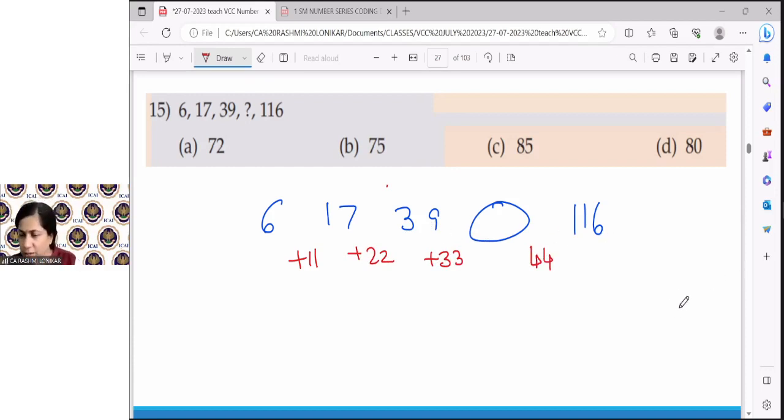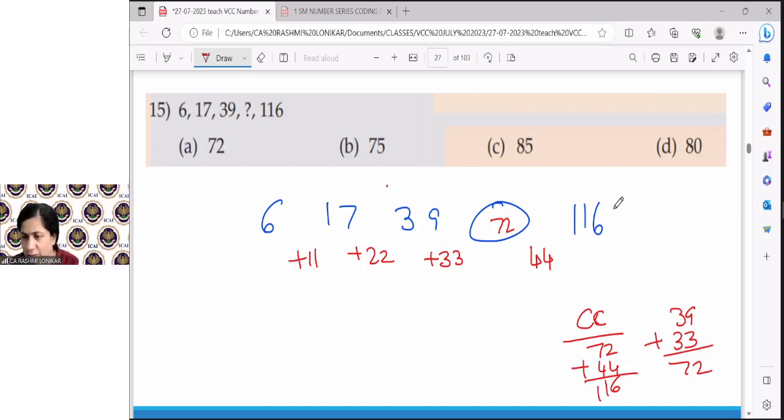So 39 plus 33 gives me 72. Now I have to cross check. 72 plus 44 gives 116, which is correct. So what is the answer? 72.